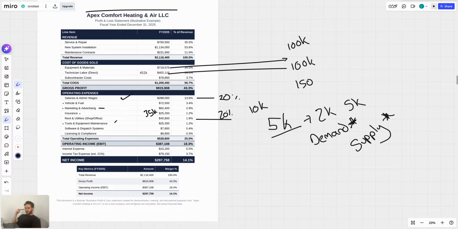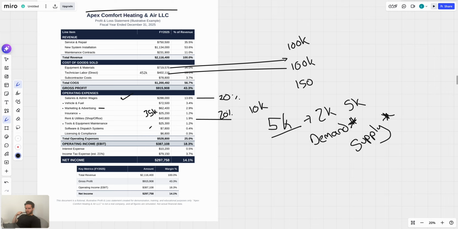For tools and maintenance, just look back on their P&Ls and see what it averages out normally in percentage, and see what the average industry percentage would be. Is it in line with what's shown here? So let's just say the year prior it was also 1.2%, or around that number, and the year before that was also around that number. You would be pretty confident being like, okay, yep, 25K is good.